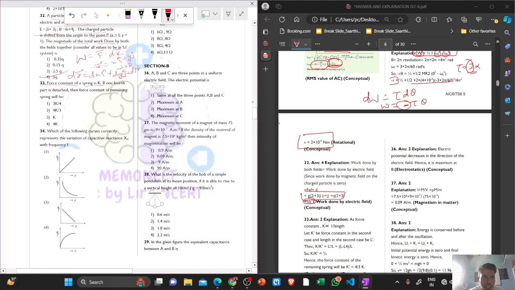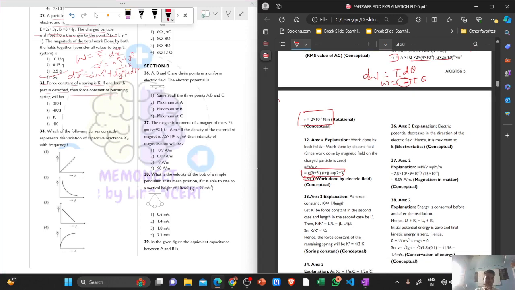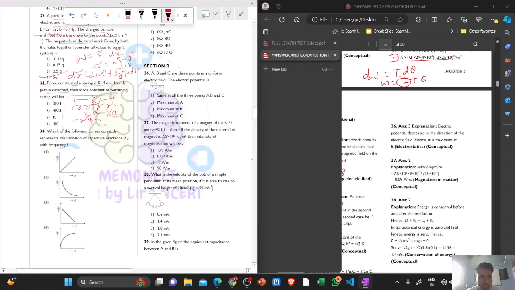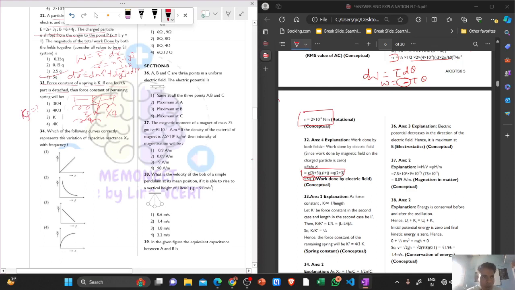The force constant is K and 1/4 of the spring is detached. It is just asking about the change in the force constant. Let's suppose you have a spring that has a force constant K, and 1/4 part is cut and removed, so 3/4 part is available. We just need to calculate the final K. You know that K is inversely proportional to the length.